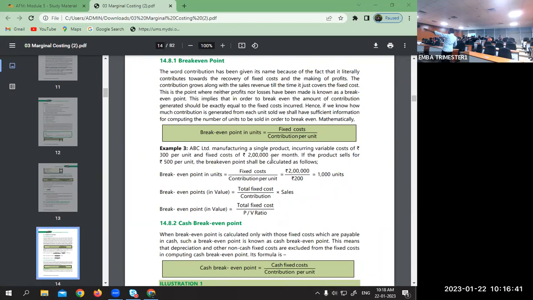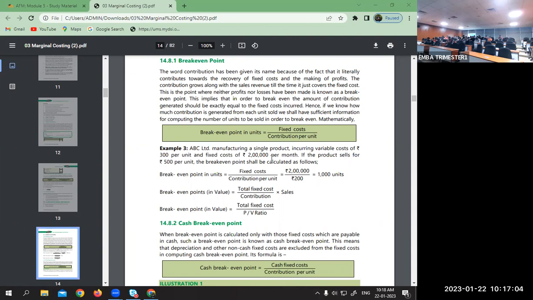Otherwise, you can directly calculate, that is total fixed cost divided by contribution into sales. Same thing can be otherwise written as total fixed cost divided by PV ratio. The relationship between contribution and sales is nothing but PV ratio. Either you can apply this directly or you can go with PV ratio formula.